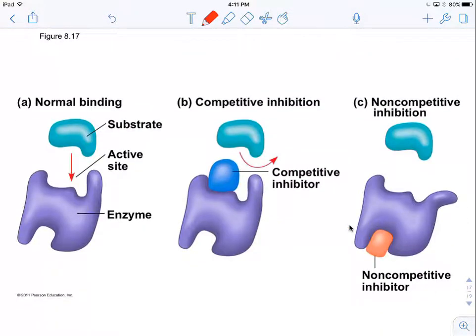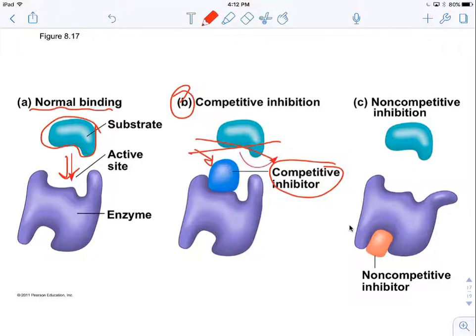And here's a little diagram that can show you how that works. So normal binding, the substrate, as you see, is perfectly shaped to fit into the active site. It binds, everybody's happy. If you have a competitive inhibitor, right here, it physically resembles part of the substrate. So it can also bind to the active site and just physically blocks the substrate from binding.